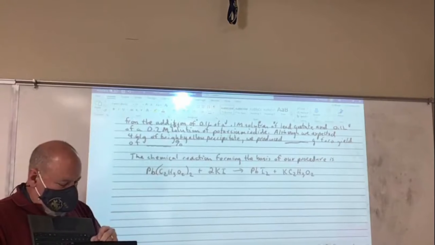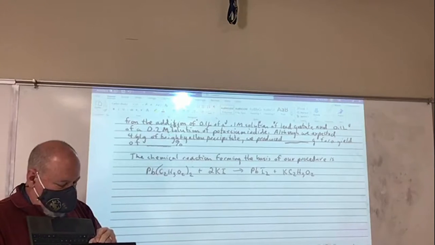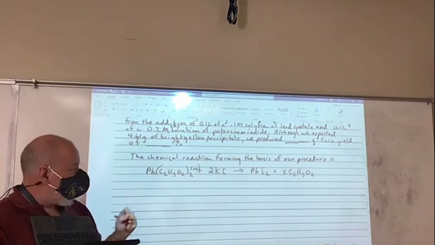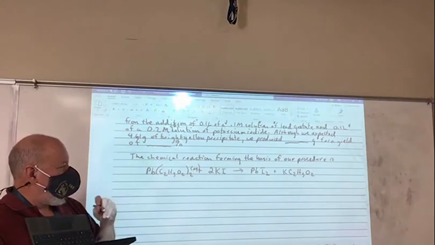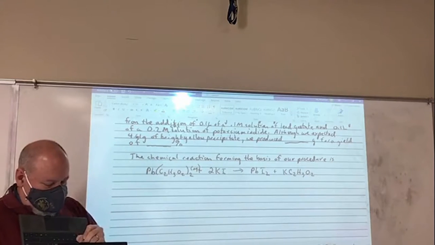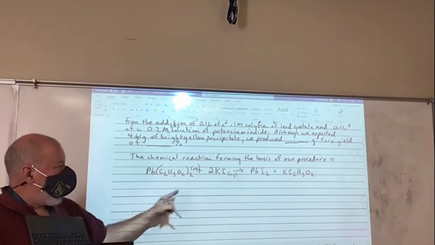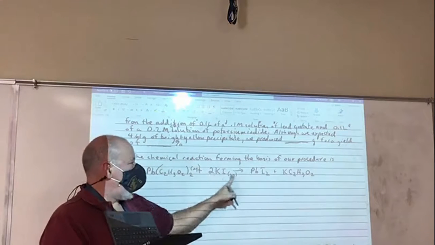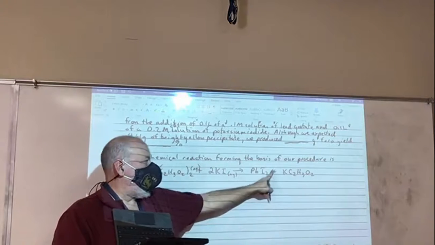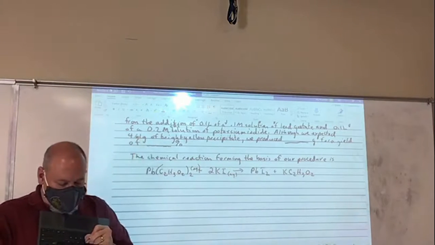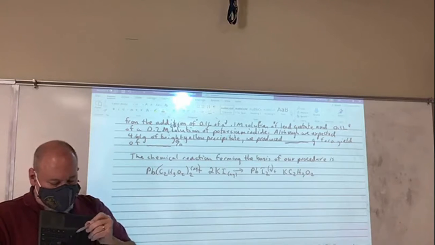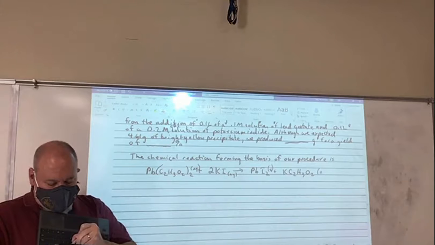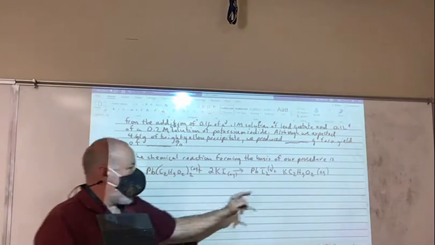And we also said that we should say what the state is. That's an AQ there. I should put, after this, a little AQ there for aqueous. I should also put a little AQ here for aqueous. Okay, that means it's in solution, right? Aqueous means that it's in solution. We should put an S here for solid after the lead iodide, and then aqueous again here.